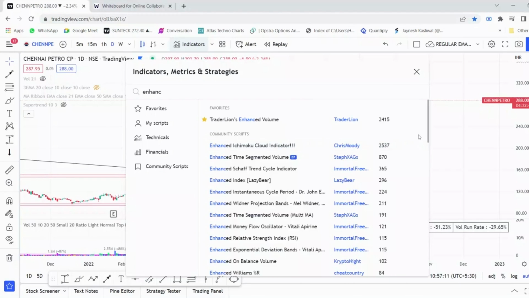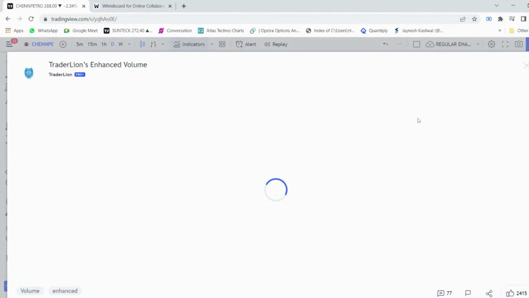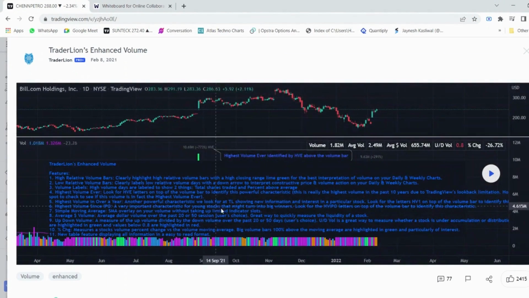If you want to understand more about Trader Lion's Enhanced Volume Indicator, you can click on the read more button that is present on the right hand side. Once we click on that, the detailed explanation of all the relative volume bars is explained in a good manner, where we have relative volume bars, low relative volume bars, highest volume ever, highest volume in over a year, highest volume since IPO.